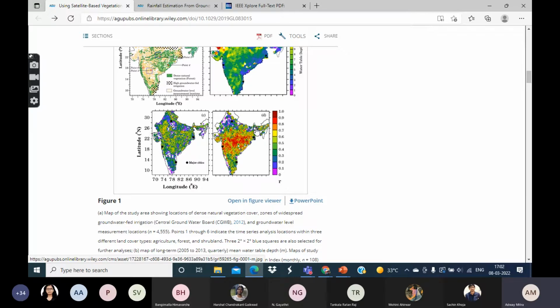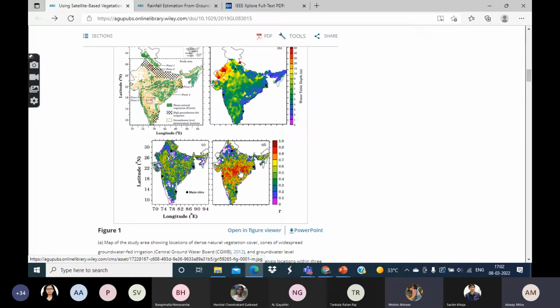the groundwater estimates which they have got from using their algorithm, and the in situ estimates which they have got. So here you may see that these red regions, these red pixels, are the places where the correlation is the highest, that is their prediction is almost perfect.